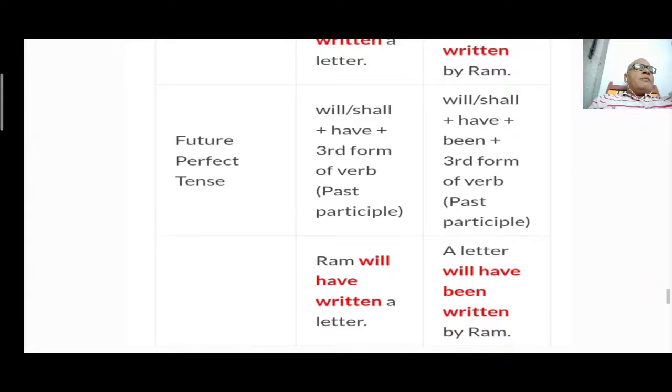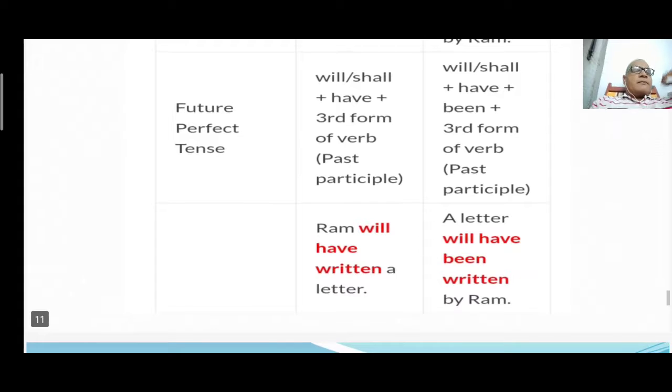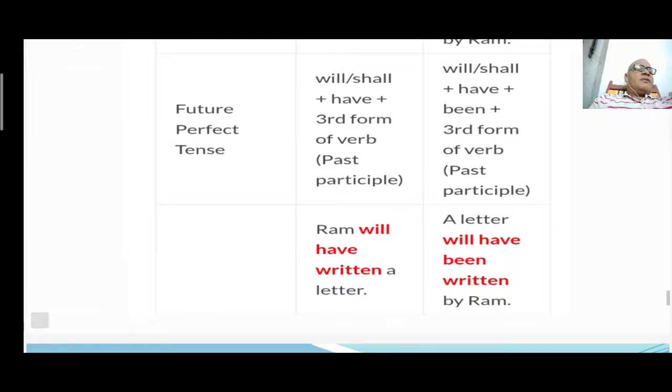The passive formula is object plus will or shall plus have plus been plus verb 3 plus preposition, that means by, plus subject. The example is Rama will have written a letter.